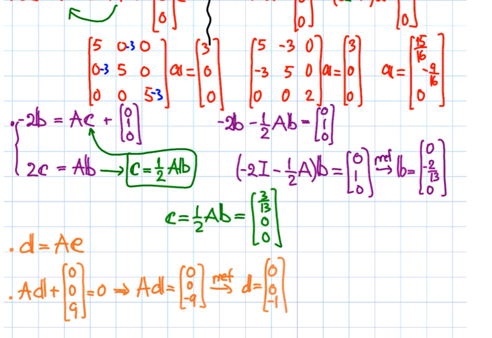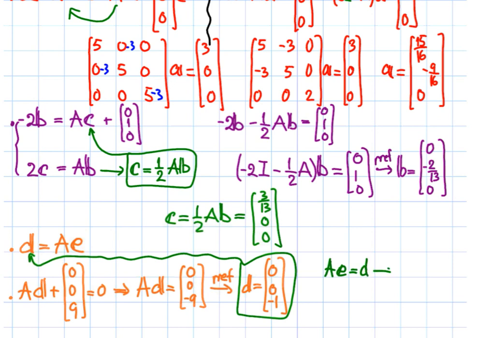And now if we substitute that back into that, we can solve for E. So AE equal to D, reduced row echelon form.